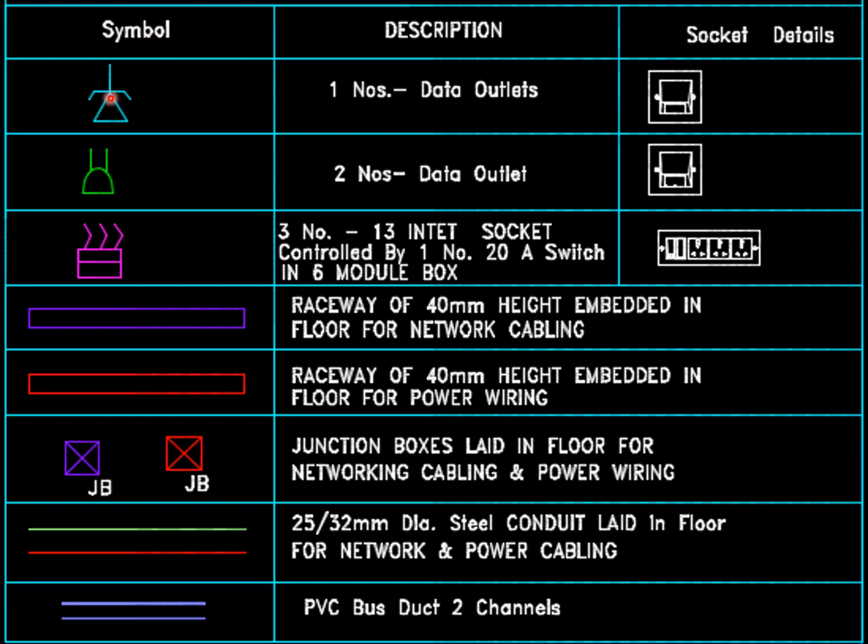The first one shows a one number data outlet and its configuration is something like this. This shows a second, two number data outlet, combined two number data outlet. This shows three number 13 ampere inlet circuit controlled by one number 20 ampere switch in a 16 module box. This is a 16 module box.